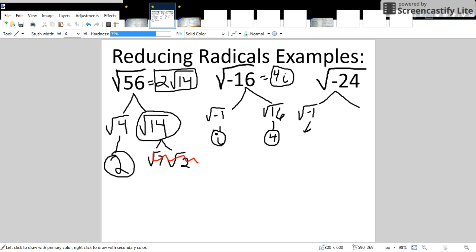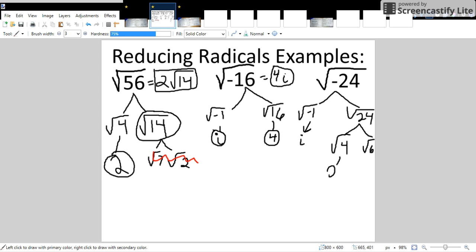Again, that is our i. And then the square root of 24. We're going to see if we can pull out a perfect square. 4 looks like a good one. So we pull out the square root of 4, and 4 times 6 gives you 24.